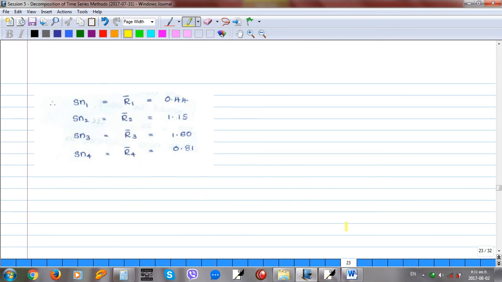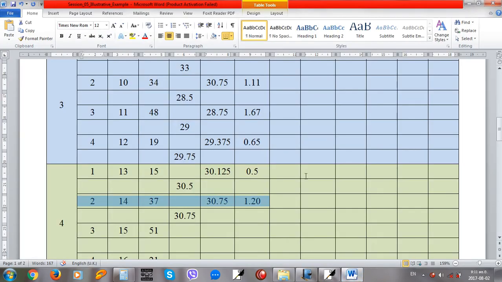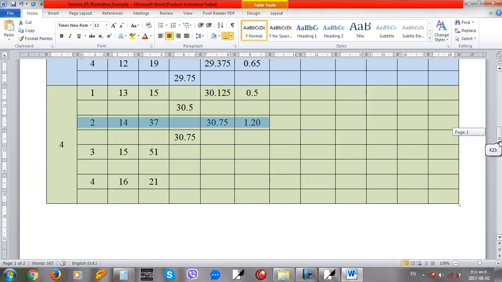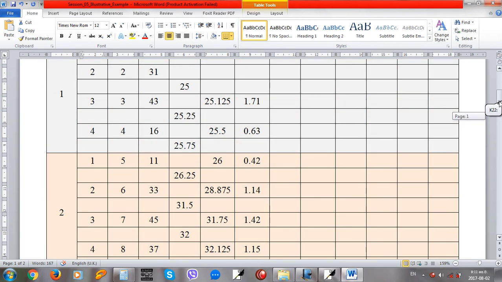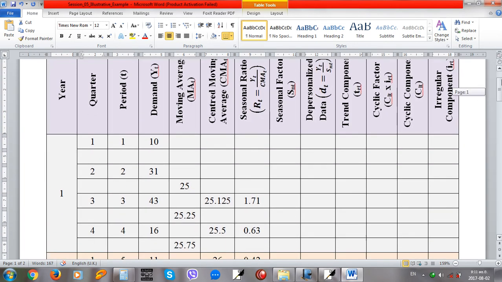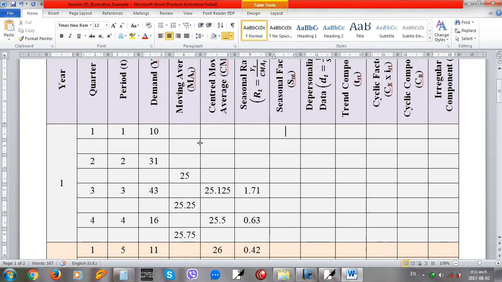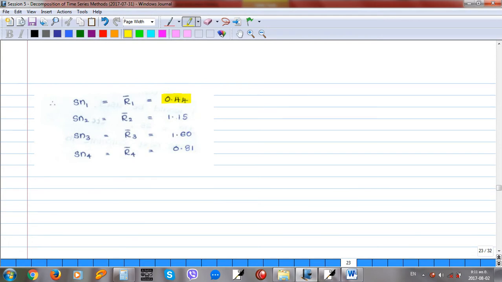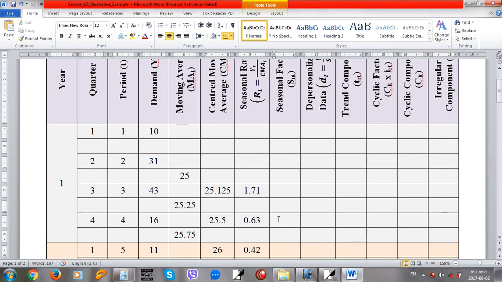Now we can add this to our table. SN1 is 0.44, then we can add 0.44.